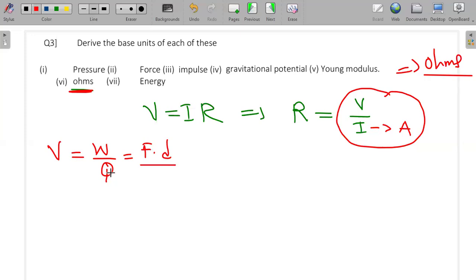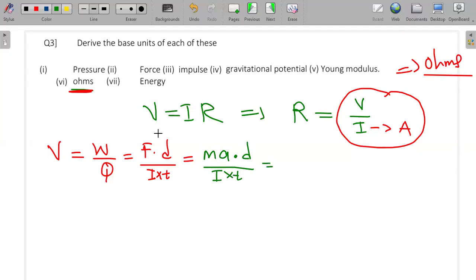And then this here, the Q, represents the charge. So charge is equal to the current multiplied by time. So this will be equal to, I'm still simplifying, the force, which is mass multiplied by acceleration, then multiplied by the distance there, divided by current multiplied by the time.